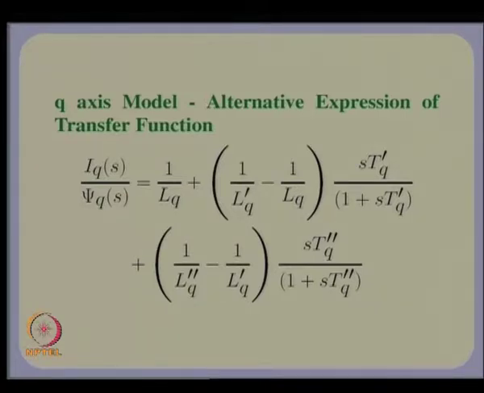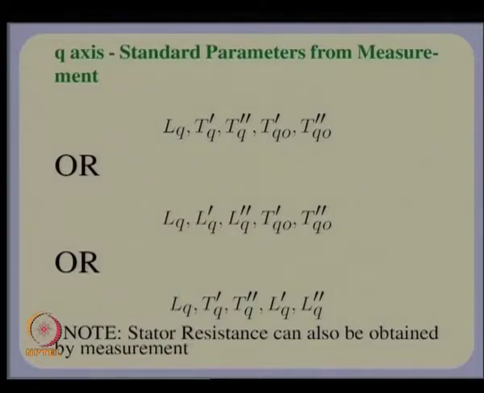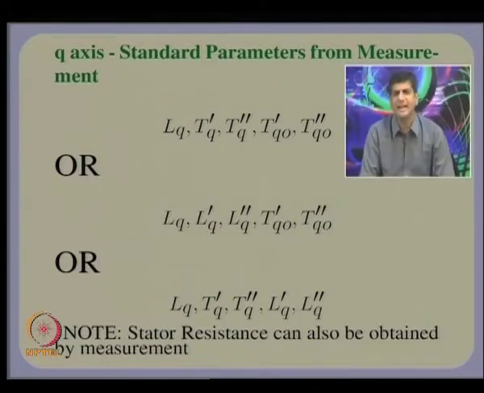Before you start getting confused about what I am getting at, what I really want to say is that instead of giving you LQ, TQ dash, TQ double dash, TQ0 dash and TQ0 double dash, I can just as well give you LQ, LQ dash, LQ double dash, TQ0 dash and TQ0 double dash. I can give you either the first set of parameters or the second set or the third set, but they are all interrelated.